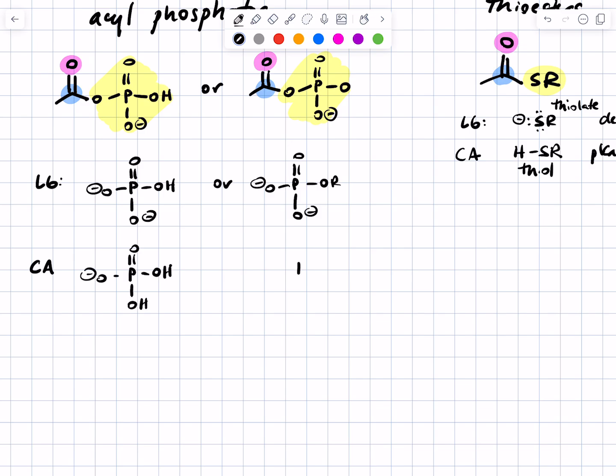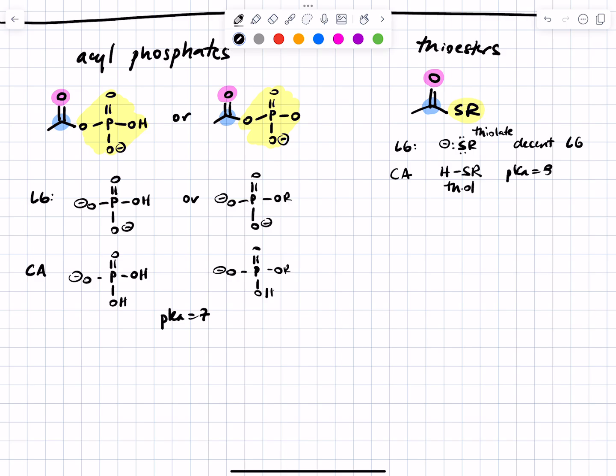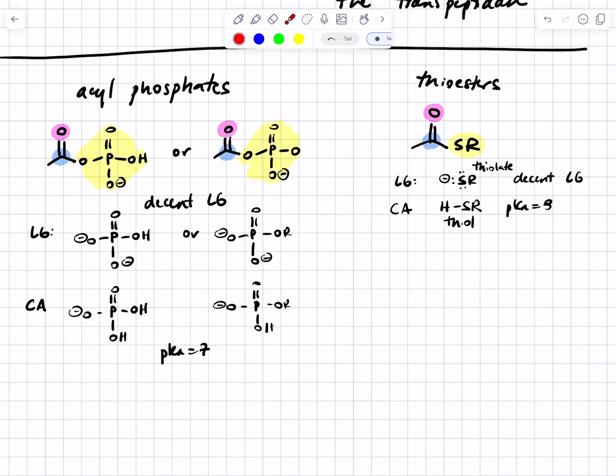And this is review, this is not new, but the pKa of both of those conjugate acids is 7. So you predict both of these to be decent leaving groups, and in fact, you predict the acyl phosphates to have a slightly, maybe 10 times, better leaving group than the thioester.